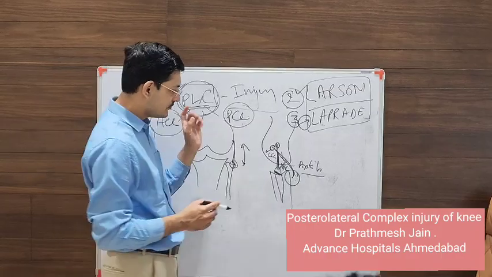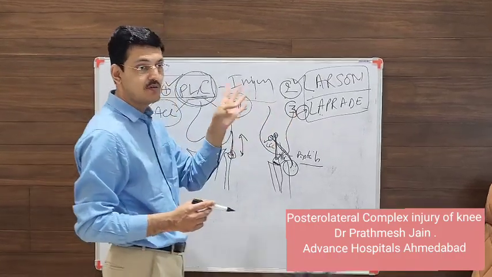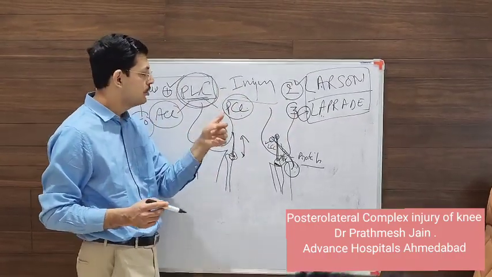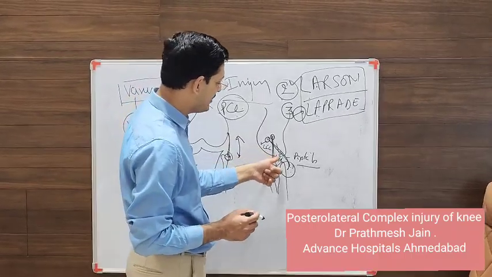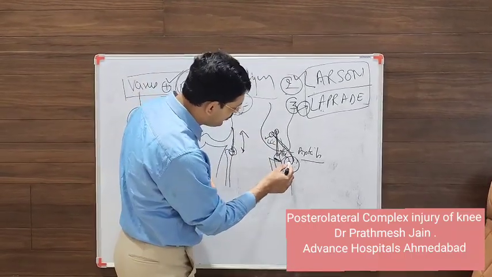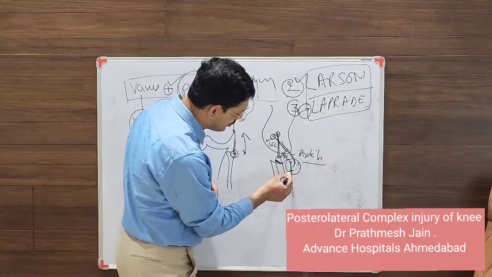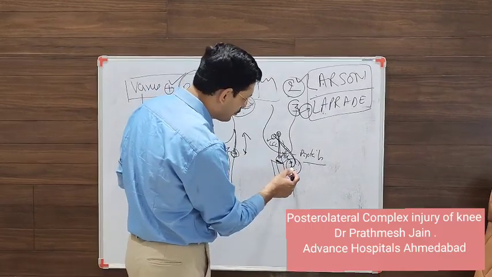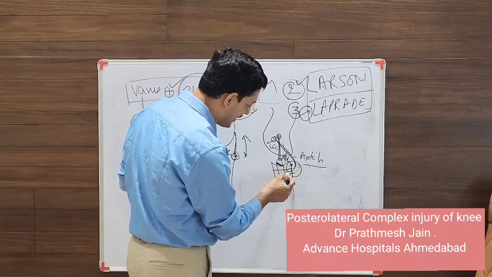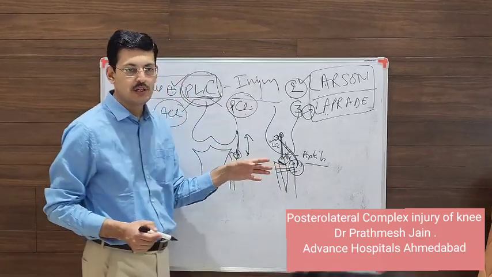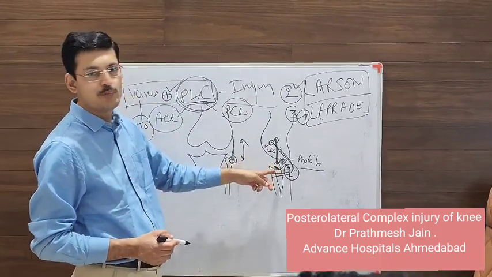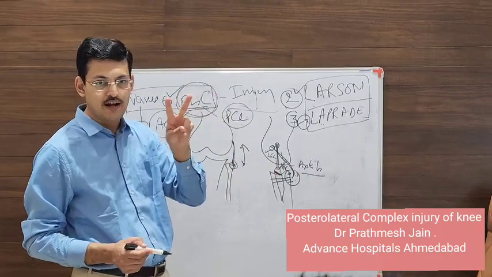There are two techniques of Larsen. You can make a single femur hole or you can make two femur holes. In a LaPrade procedure, you have to do all three. So you do popliteus, LCL and PFL, and you expose the posterolateral corner of the tibia, and you drill a tunnel for the tibia also. You drill a tibial tunnel, you drill a fibular tunnel, and you use two grafts.